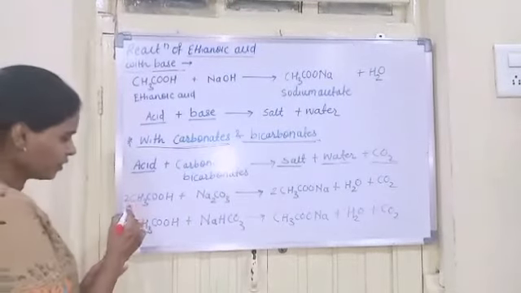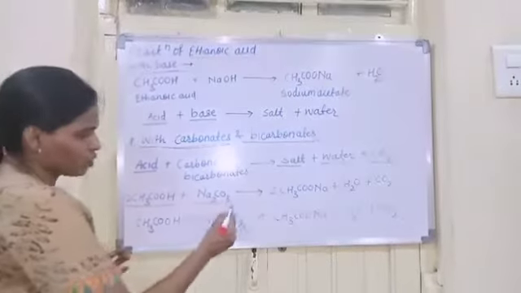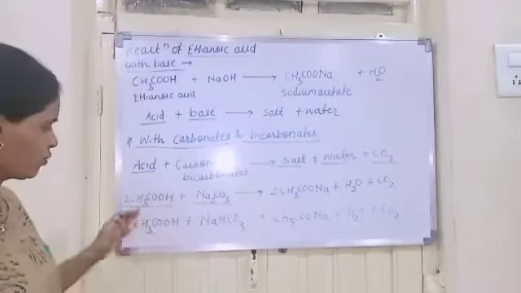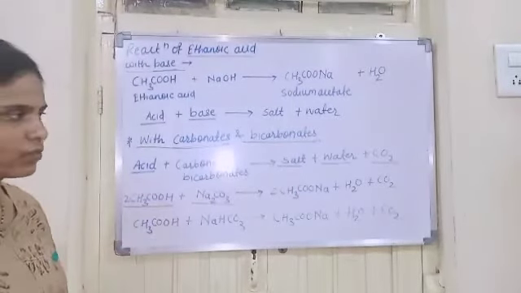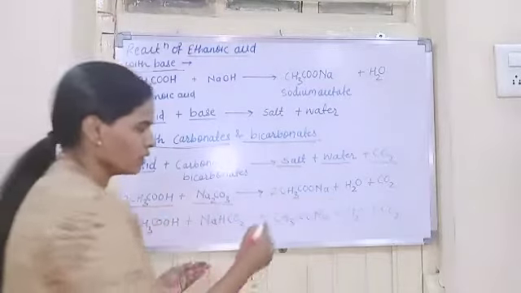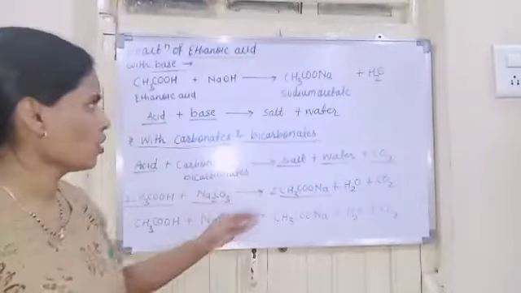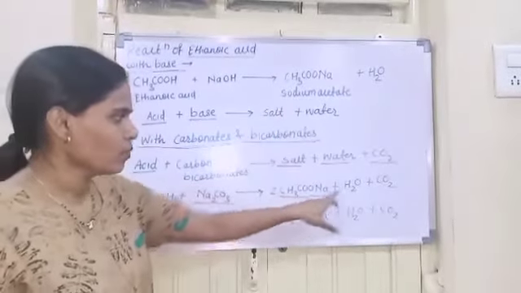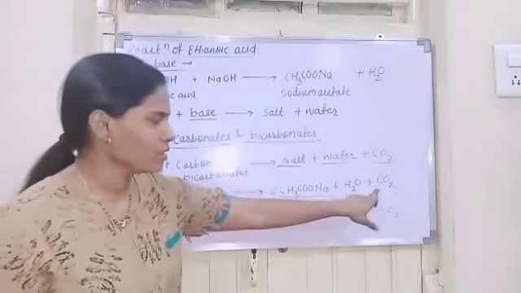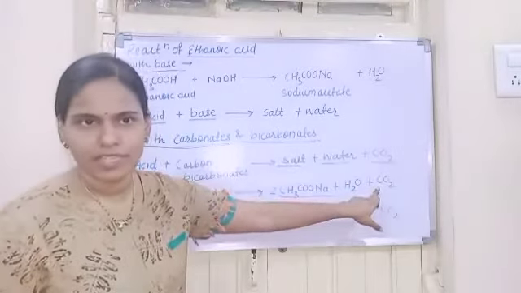Now here the reaction of ethanoic acid with sodium carbonate. Look at the three products. One is the salt, that is sodium acetate, plus water molecule plus the formation of carbon dioxide gas.